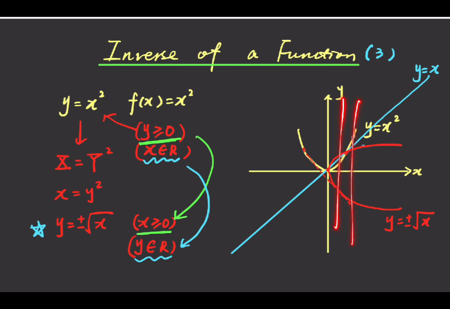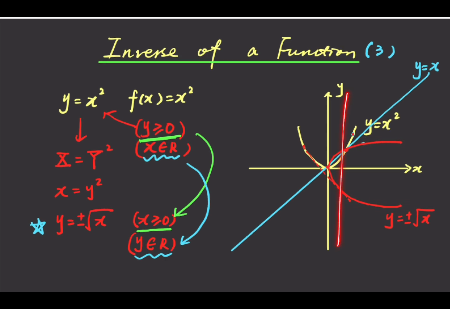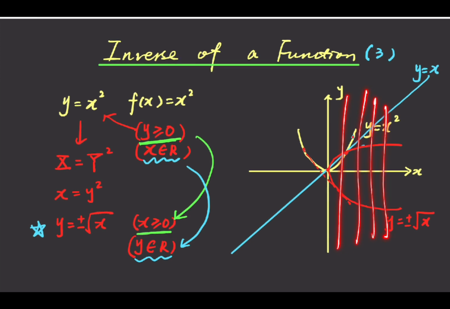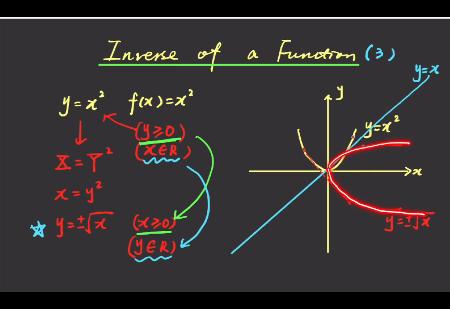Because for any vertical line, except for this point, the vertical line test can be passed, because the vertical line just has only one POI with the graph of the relation, except for this point. The other vertical line has two POIs with the relation. So the graph cannot pass vertical line test.